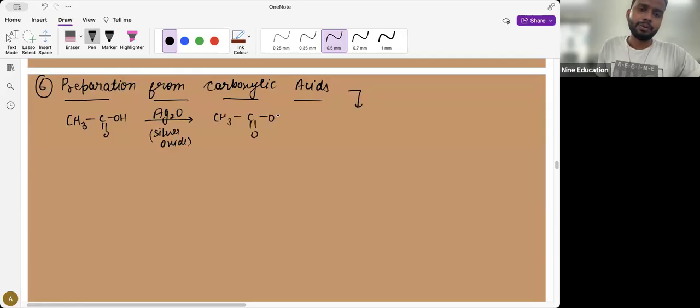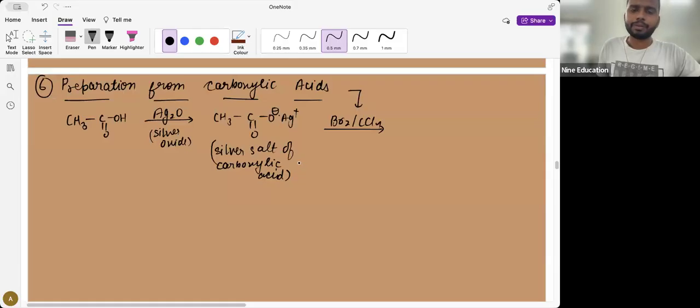This O minus and Ag positive will be formed, and this is known as the silver salt of carboxylic acid. And once this silver salt is made, I put Br2 in CCl4 in this silver salt. So what will be made?